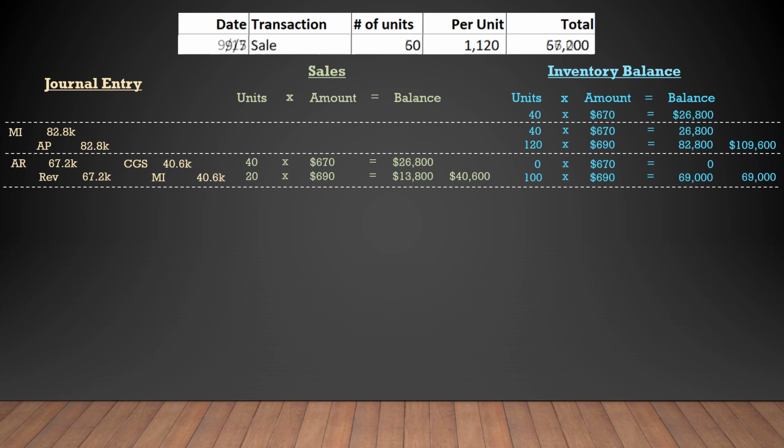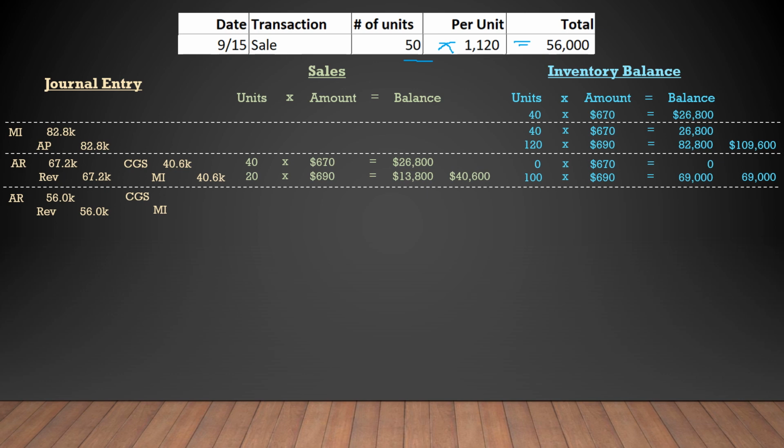On September 15th, we make another sale of 50 units. Again, record the sales transaction, debit AR and credit sales for $56,000. Next, we need to determine our amount to debit and credit to cost of goods sold and merchandise inventory, respectively. This one is easy.